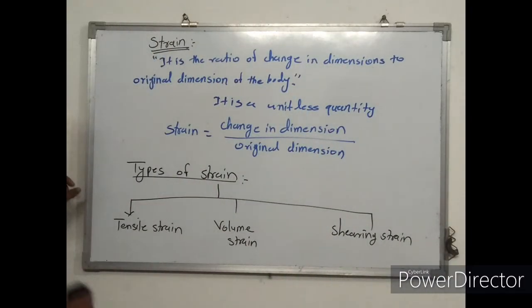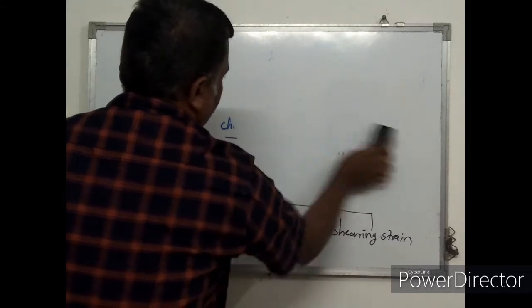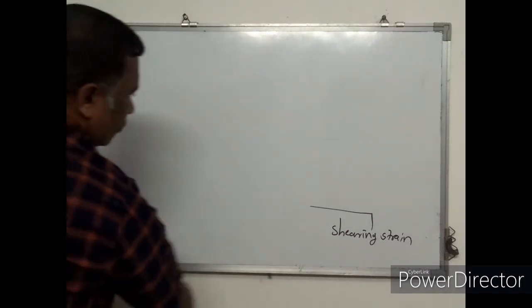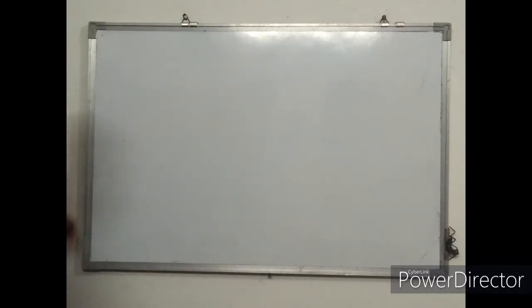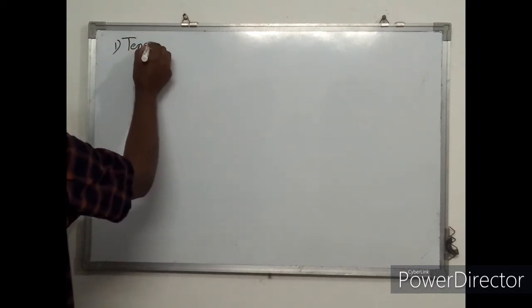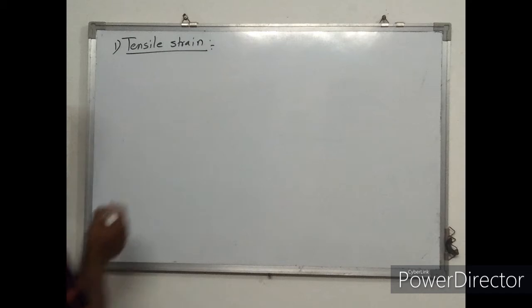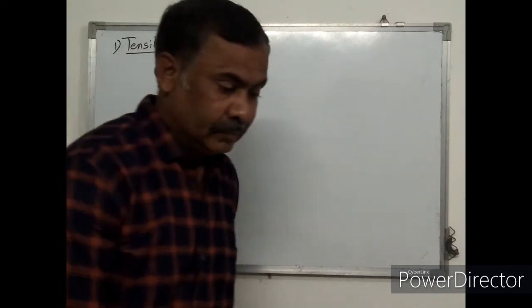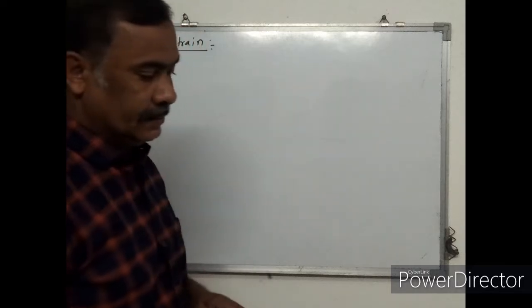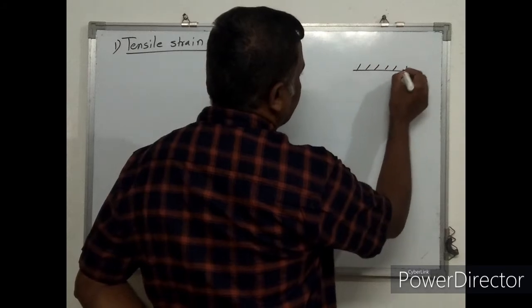Take a screenshot and note it in your notebook. Types of strain. First type, that is tensile strain. Repeat the same diagram which is drawn in tensile stress. This is the rigid support.